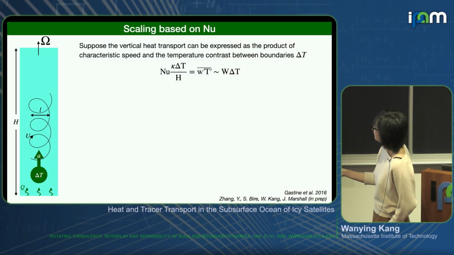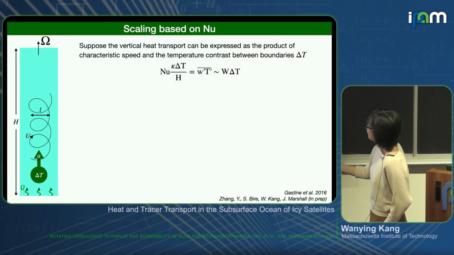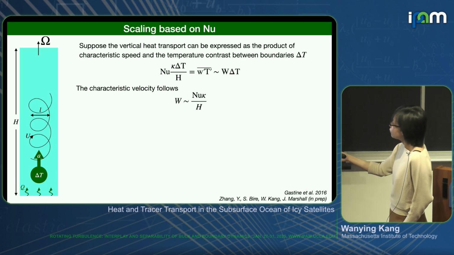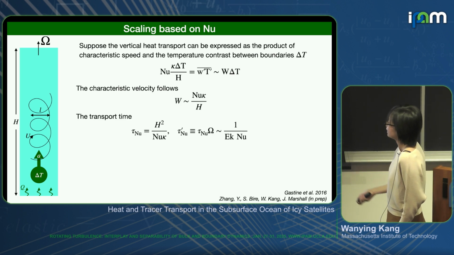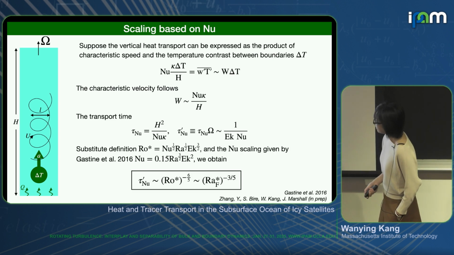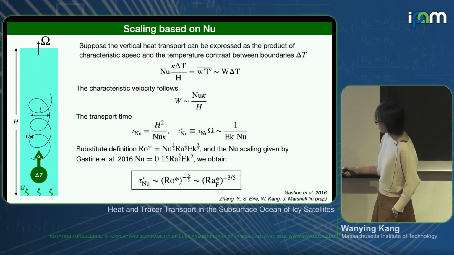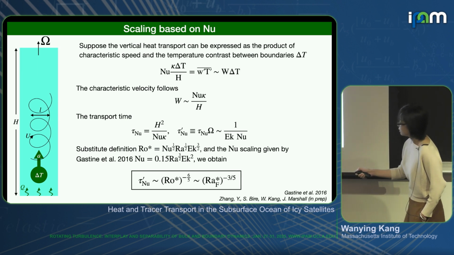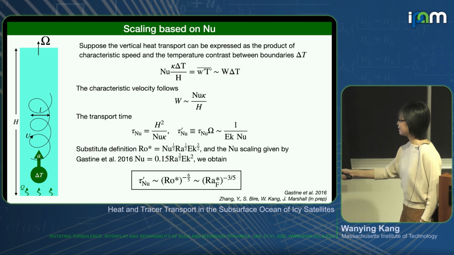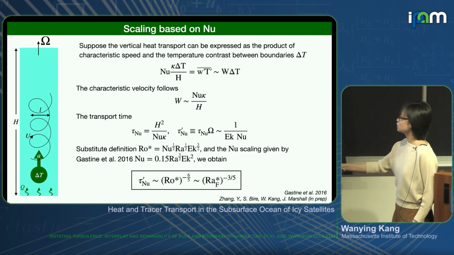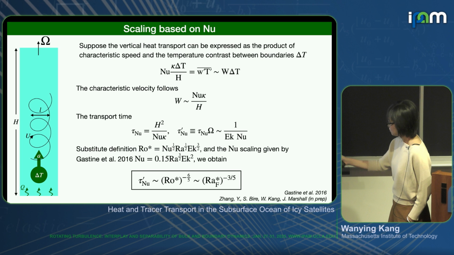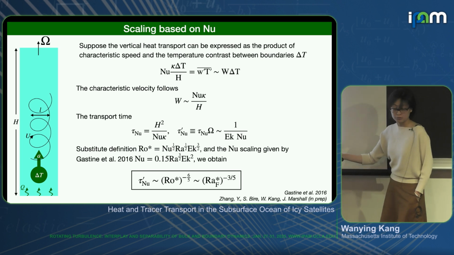This is really just pure definition, and out of that we can solve for the characteristic vertical velocity, and again the transport timescale. Then if we substitute the diffusive scaling of Nusselt number, and then we substitute the definition of our natural Rossby number, or modified flux Rayleigh number, we get a slightly different scaling.